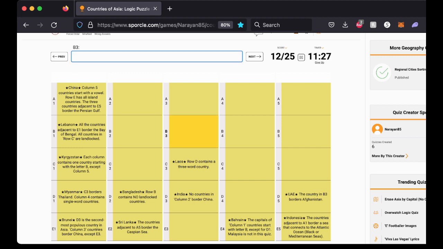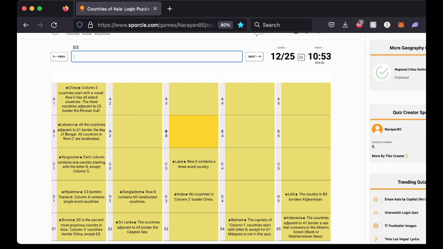The country in B3 borders Afghanistan, and no country in row B is landlocked, so that could be Pakistan. Then the countries adjacent to A5 border the Caspian Sea.